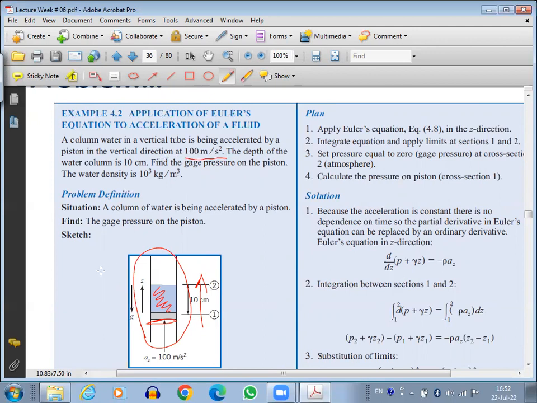This acceleration is upward. The depth of the water column is 10 centimeters. And we need to find the gauge pressure on the piston. So we want to know what the pressure on the piston is at this point, when the piston is moving up.